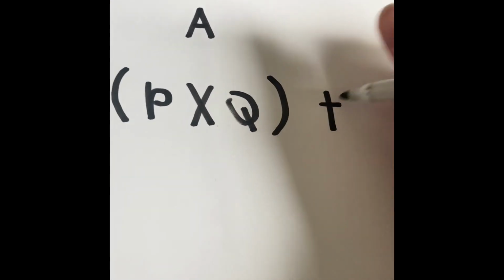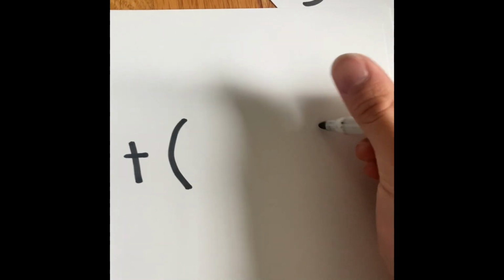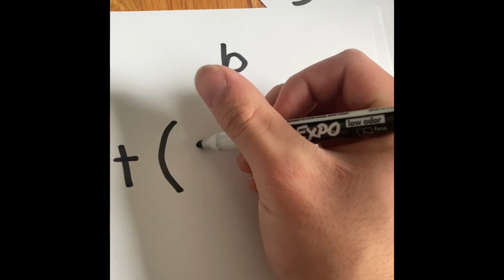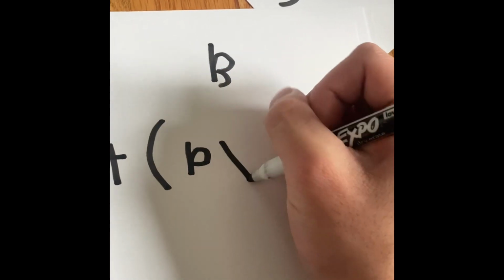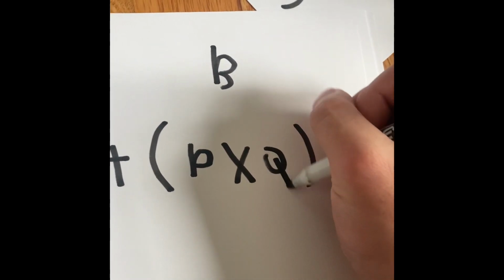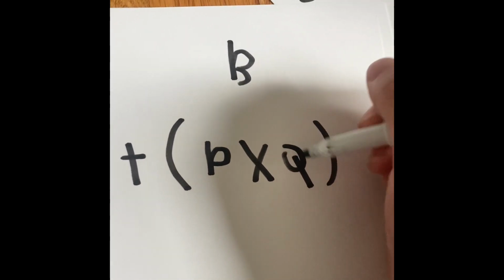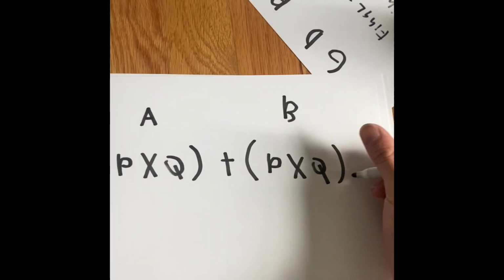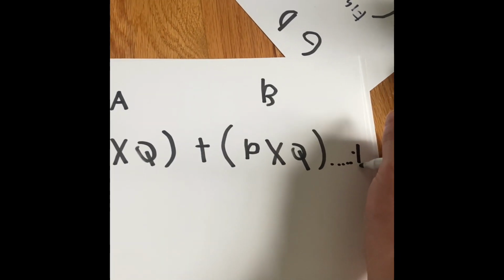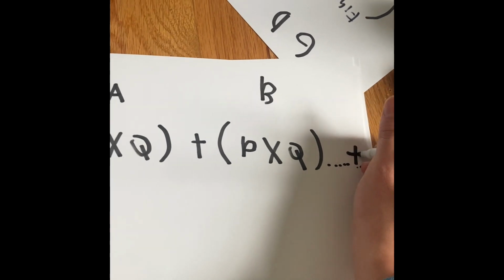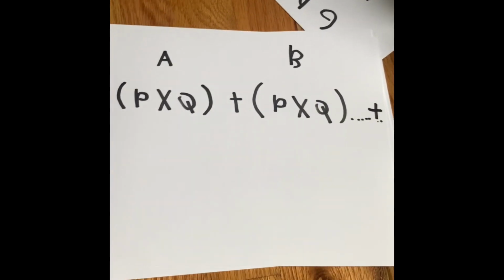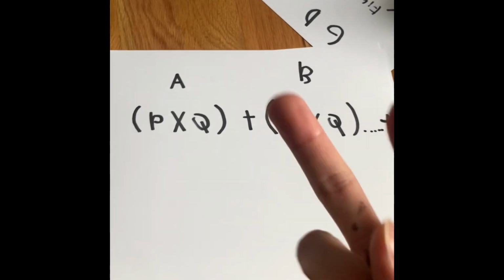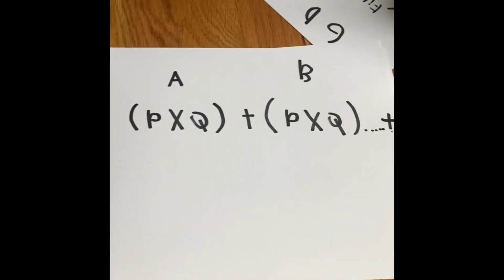Then we add product number B, and that is price times quantity again, for the second product we calculate. And if you add more, we'll have to add more terms until we cover how many products we are calculating, because it's not always 2. It could be 3 or more, or however many you want.